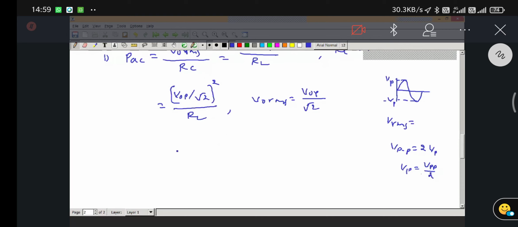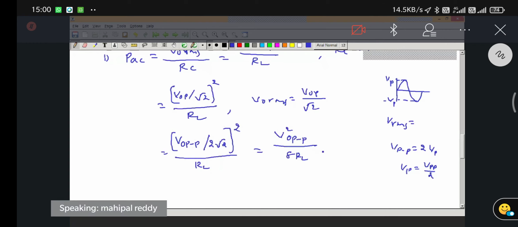So here, in case of VOP, I'm writing the peak to peak value of voltage by 2 root 2, whole square, over load resistance. If we do the calculation, we are going to get peak to peak square by 8 times RL.